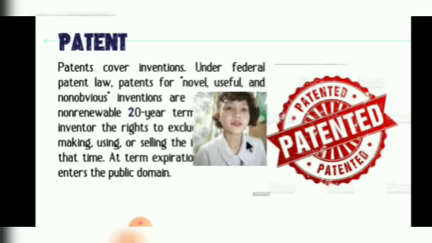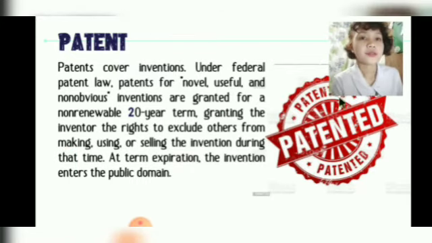Patents cover inventions under federal patent law. Patents for novel, useful, and non-obvious inventions are granted for a non-renewable 20-year term, granting the inventor the right to exclude others from making, using, or selling the invention during that time. At term expiration, the invention enters the public domain.